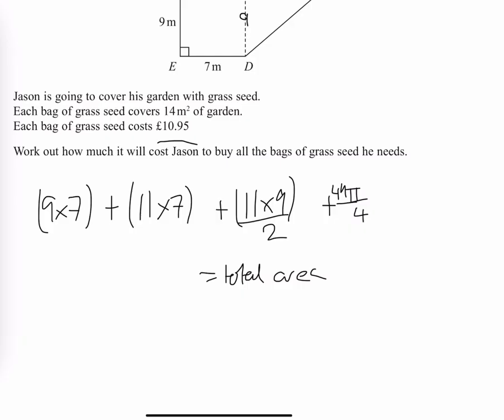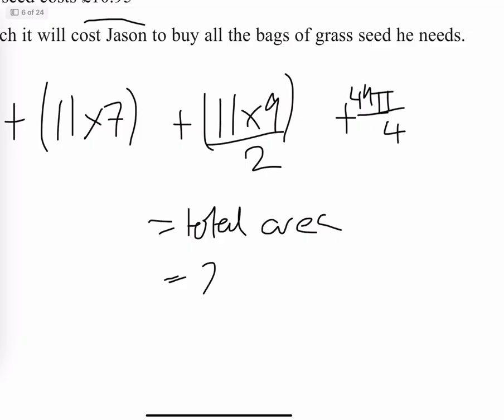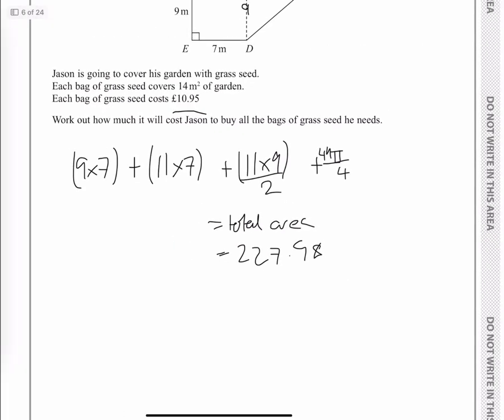Where's even the pi button on this thing? See, it saves you time if you just know what you're doing in advance. And that gives me 227.98 something, whatever, I don't care.